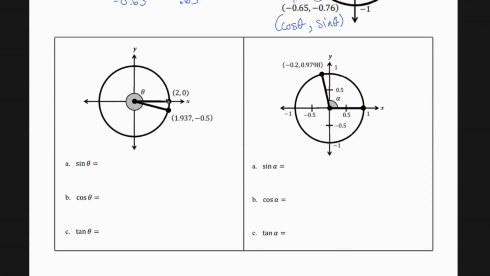So radius of 2, so you would be my x, you would be my y. Sine is going to be y over r. So sine is going to be negative 0.5 over 2, which actually simplifies nicely to a quarter, right? But we're not going to worry about that. Negative 0.5 over 2.